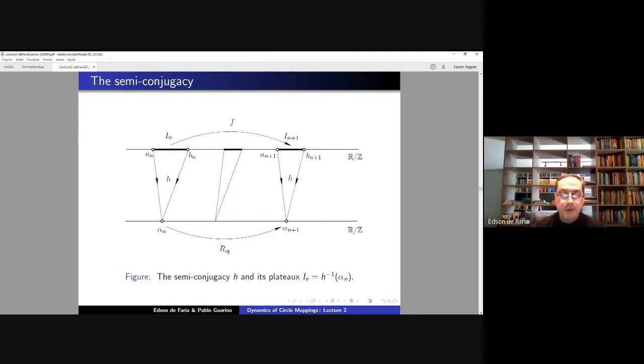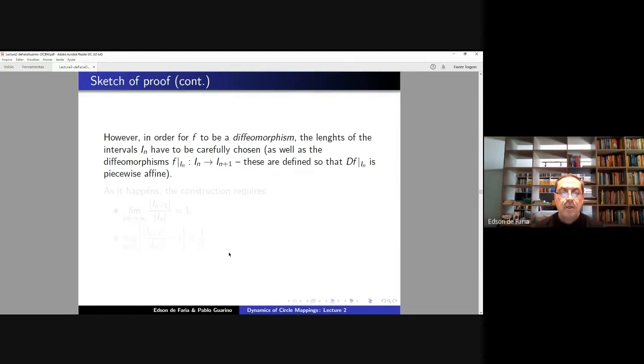So here's the picture first illustrating the fact that I just mentioned, that F is semi-conjugate to the rotation R alpha, okay? So the I sub n's are plateaus for the semi-conjugacy. Now, if you have a diffeomorphism, then you have a problem.